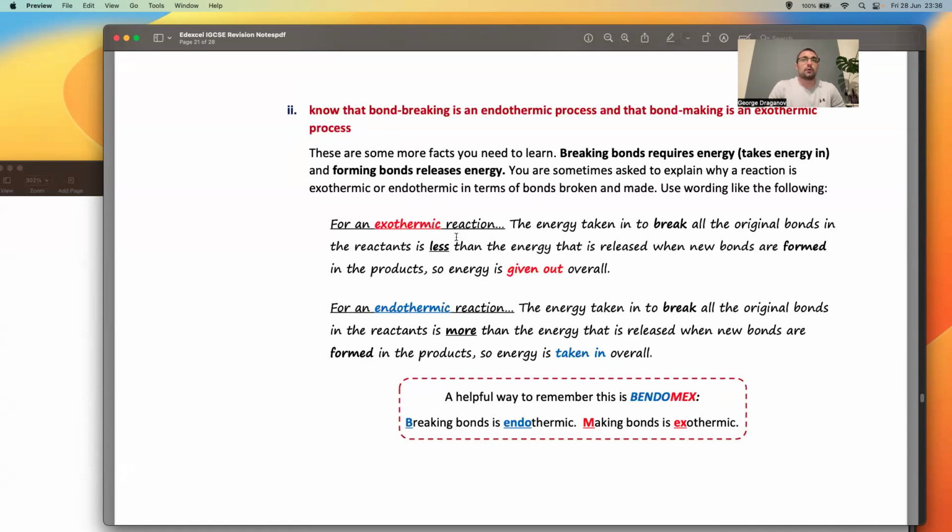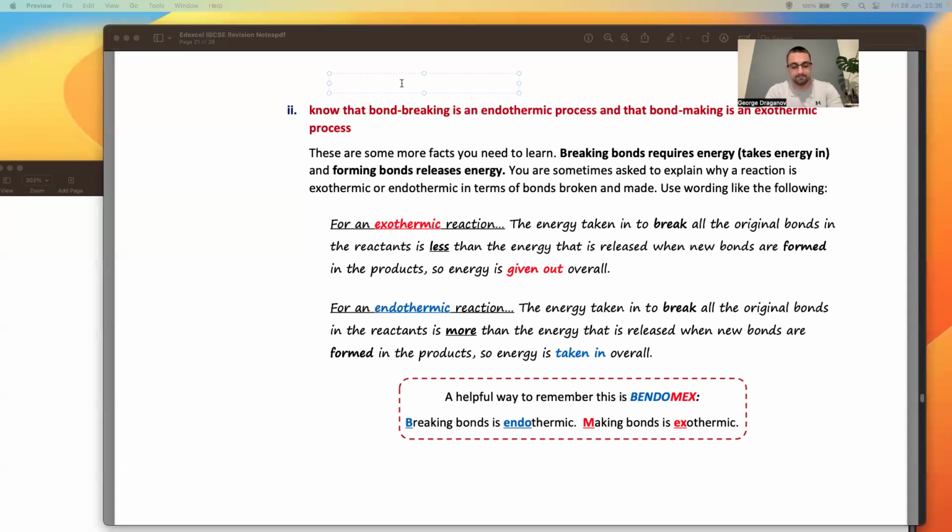Now, how do you actually put both things in the definition? Have a look. For an exothermic reaction, the energy taken in to break all the bonds is less than the energy released when the new bonds are formed. It's very easy to get this wrong if you accidentally say less than the energy taken in when the new bonds are formed. So don't mess it up. You have to match them up correctly. So really, you're looking at this principle here.